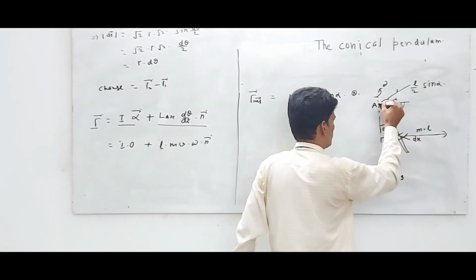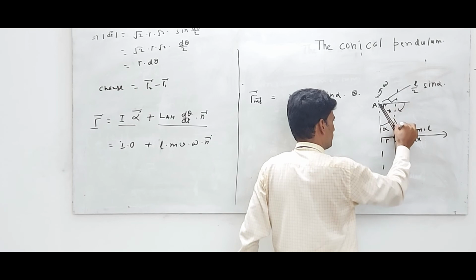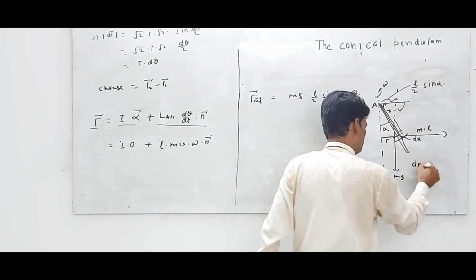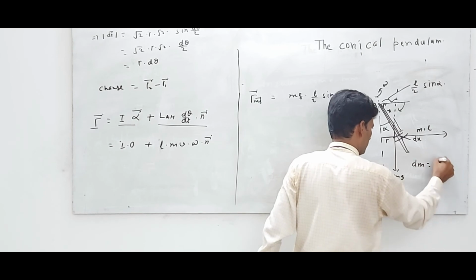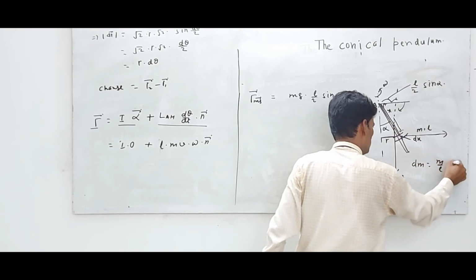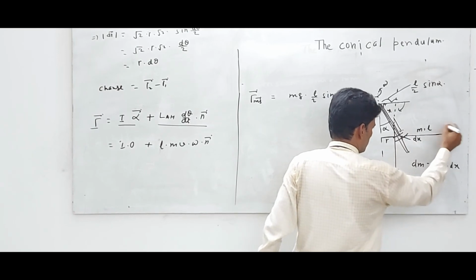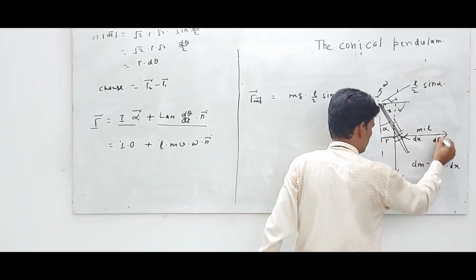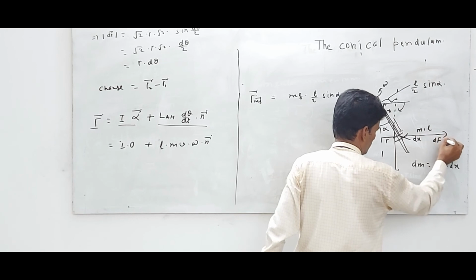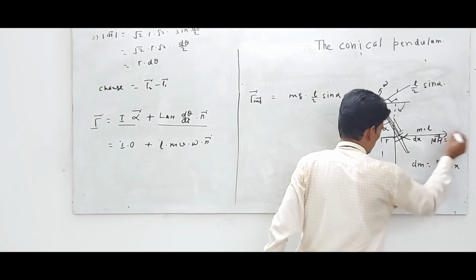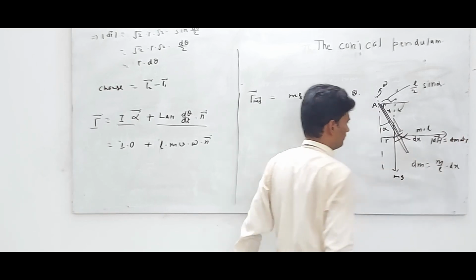What is the mass of this length dx? It is called dm, mass per unit length, m over L into dx. Here the centrifugal force is a small dF, which comes out in magnitude as dm omega square r, where this is small r here.